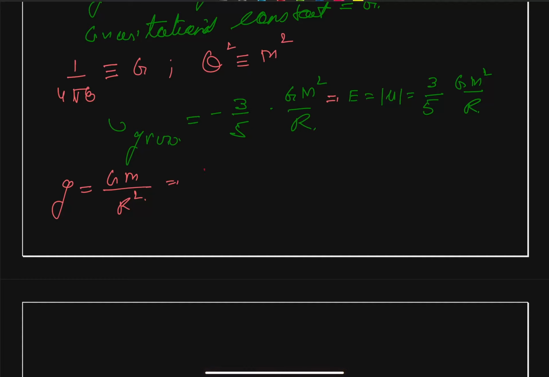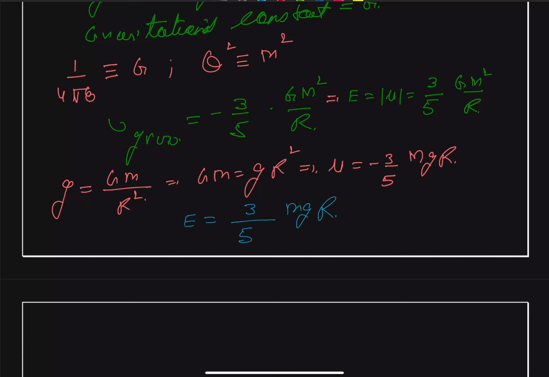So we can say our GM is equal to g r square, which gives that our U is equal to minus 3 upon 5 m g r. Therefore, in magnitude, our energy required will be equal to 3 upon 5 m g r.